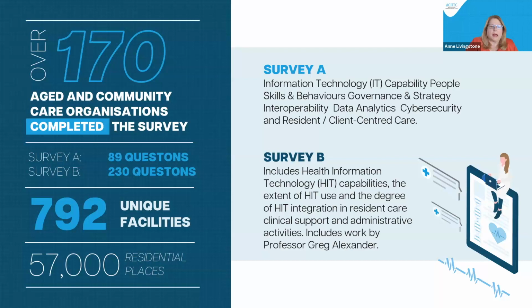So I think the net effect was that we didn't get as many who answered the survey, but for those who answered, there were 792 unique facilities, which covered over 57,000 residential care places.